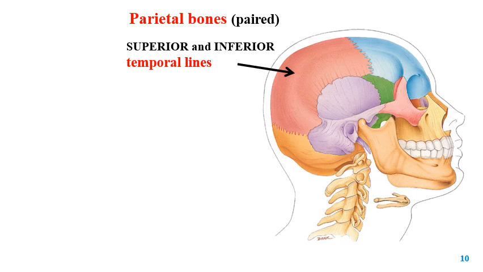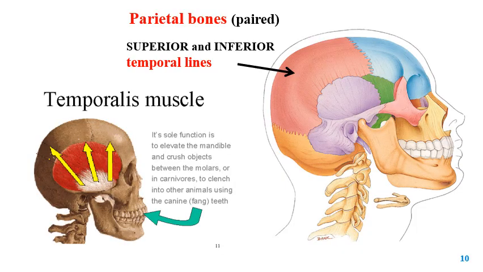Okay, so again, your parietal bones, they're paired, right? So when you look at the important things about your parietal bones, you're going to find this type of formation that is actually called a temporal line.